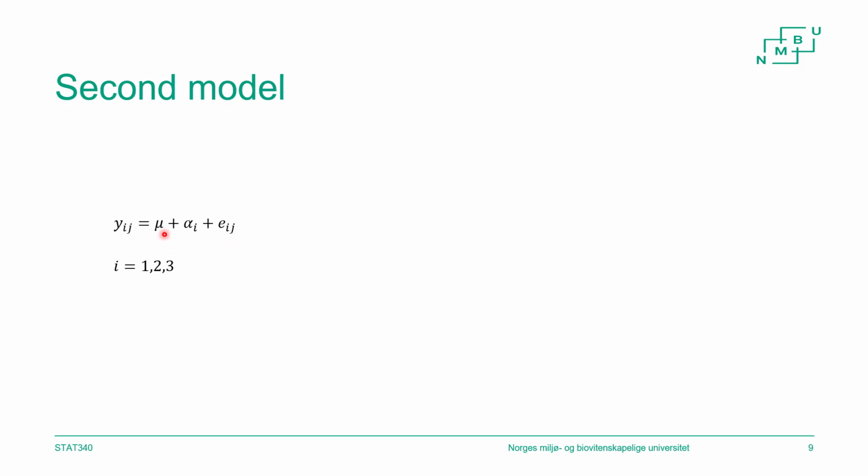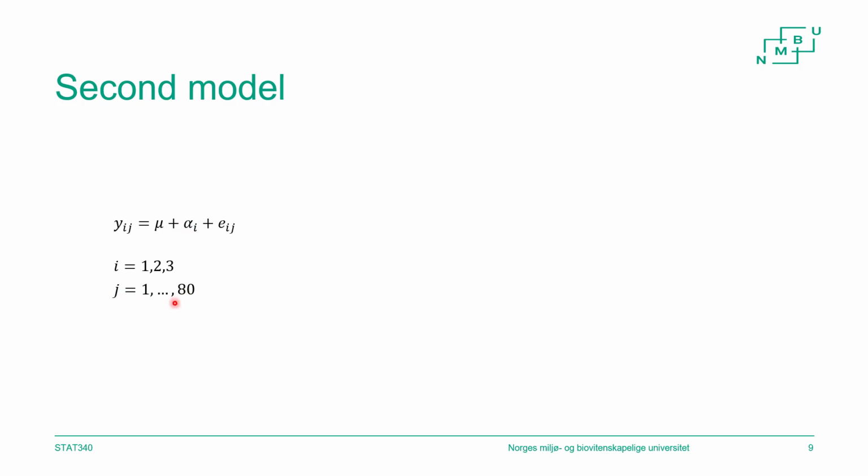But notice now, this mu here and this e here are not identical to the ones we saw in the previous slide. They have the same interpretation, but they are different quantities. Because this one no longer has exactly the same value as it had in the previous slide, and this one will no longer have the same standard deviation, because we now added this term here.